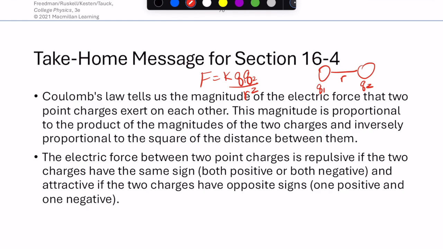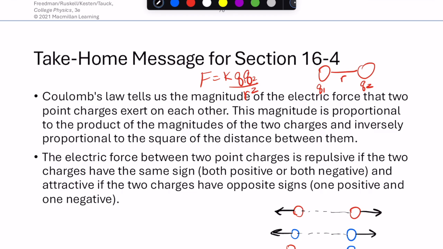How do we find the direction? Positive, positive, negative, negative, positive on this side. Here are our 4 cases. Same sign, repulsive force, in a straight line path directly away.